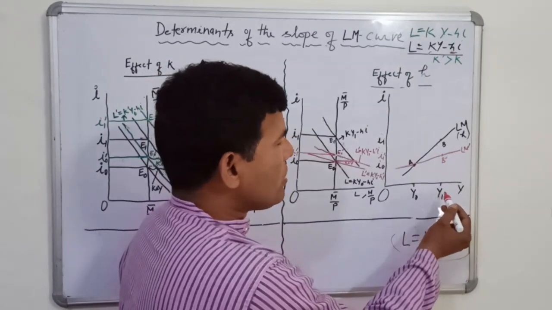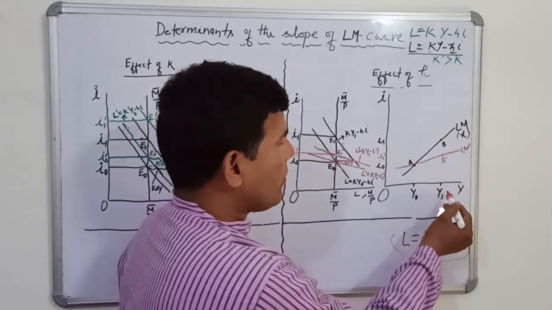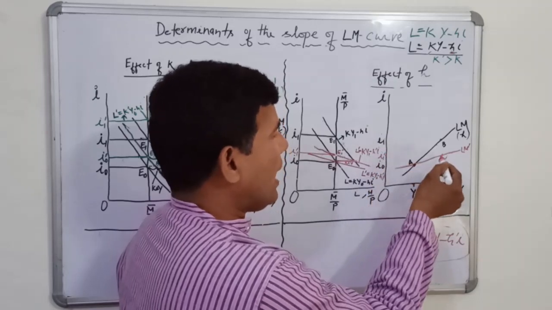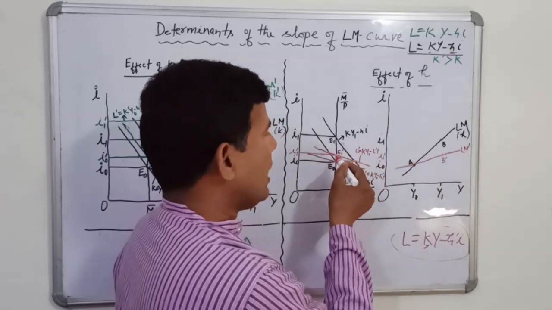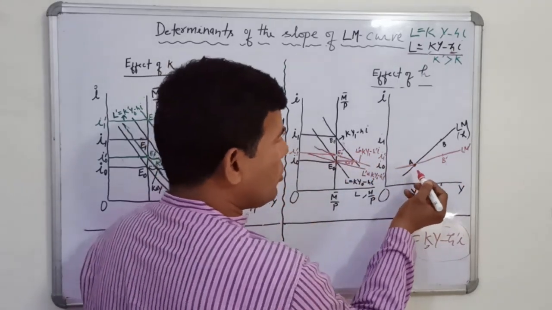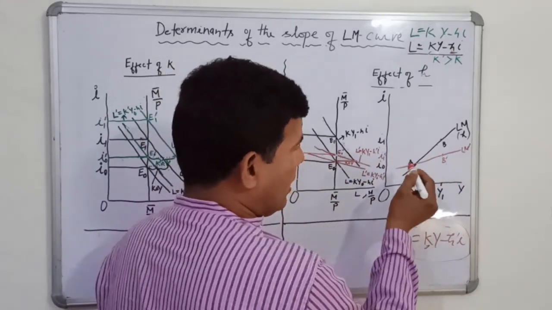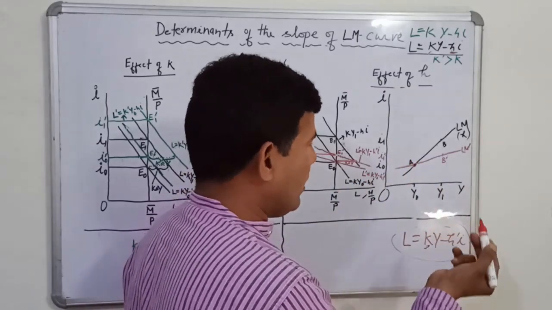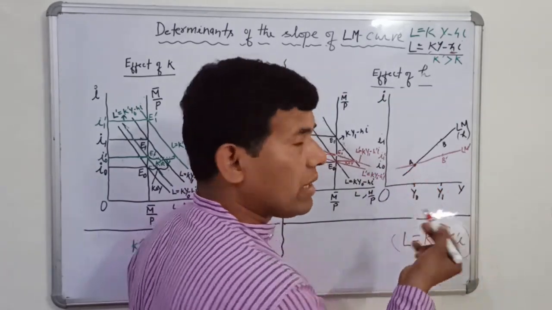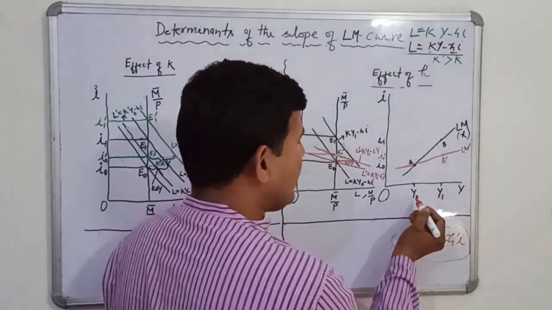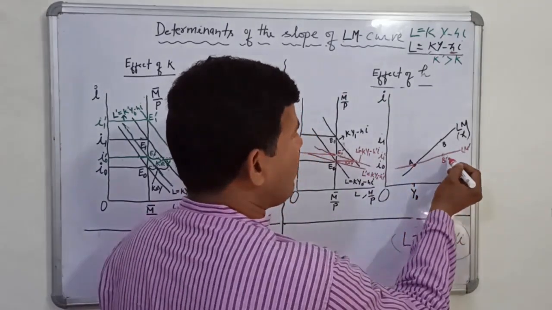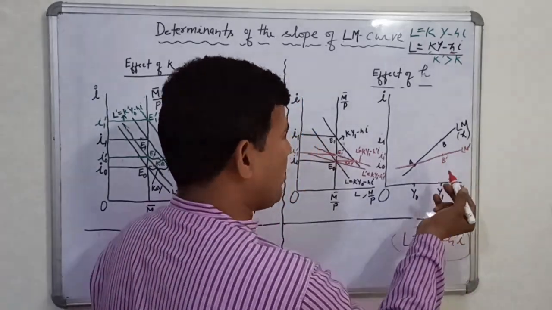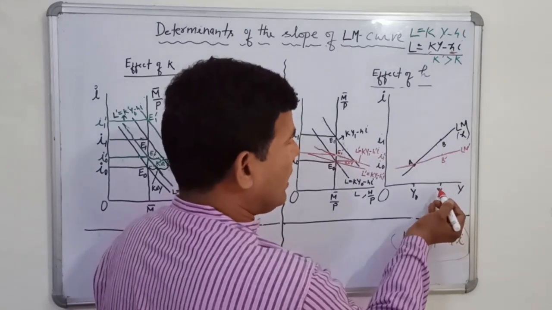So the B prime is what? A new combination of income Y1 and interest rate I1 prime at which the money market is in equilibrium. Now, assuming that A is the equilibrium point in the money market at Y0 income, and B prime is the new equilibrium point in the money market at Y1 income, right.